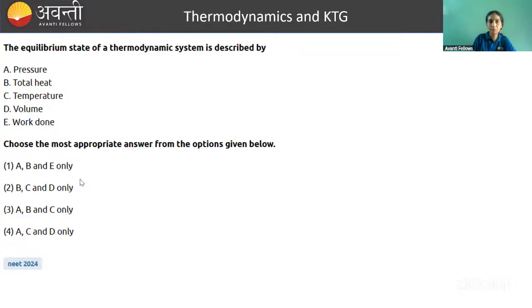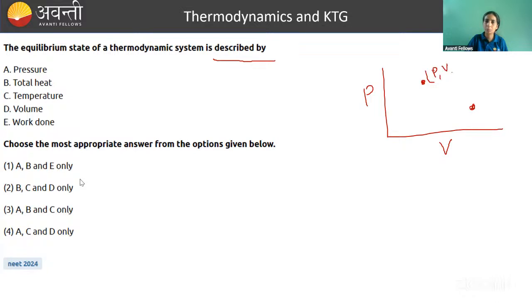So, what is the question? Equilibrium state of a thermodynamic system is described by. How do we describe the equilibrium system? You must have seen graphs, PV curve, so many graphs. If you have seen it, and if there are 2 points given, what things are mentioned over here? अगर तुम्हें याद हो ना, तो यहाँ पे pressure लिखा होता है, volume लिखा होता है, temperature is written like this.